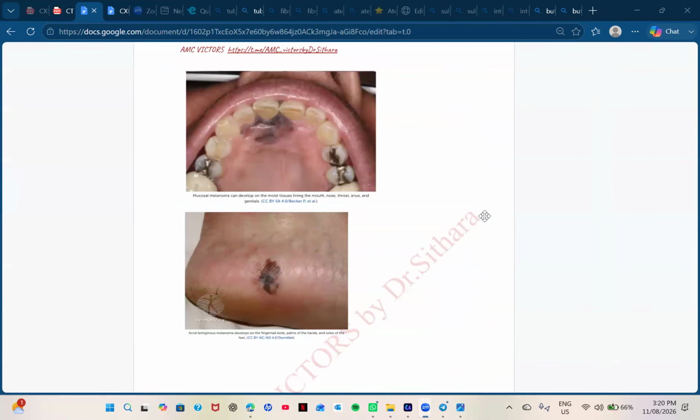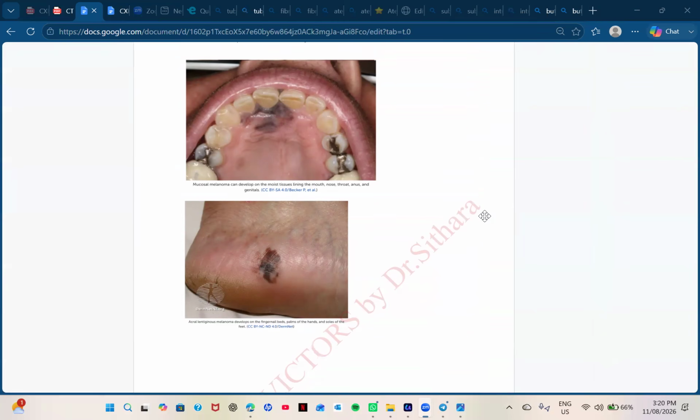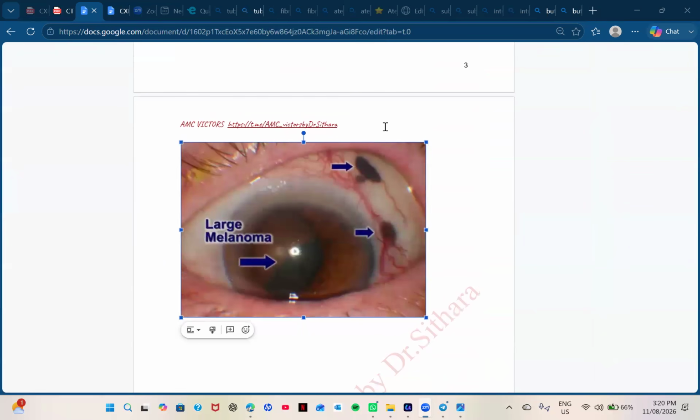If we are suspecting a melanoma and it's a large lesion on the cheek, in that case, what do you do? Would it be the excisional biopsy?